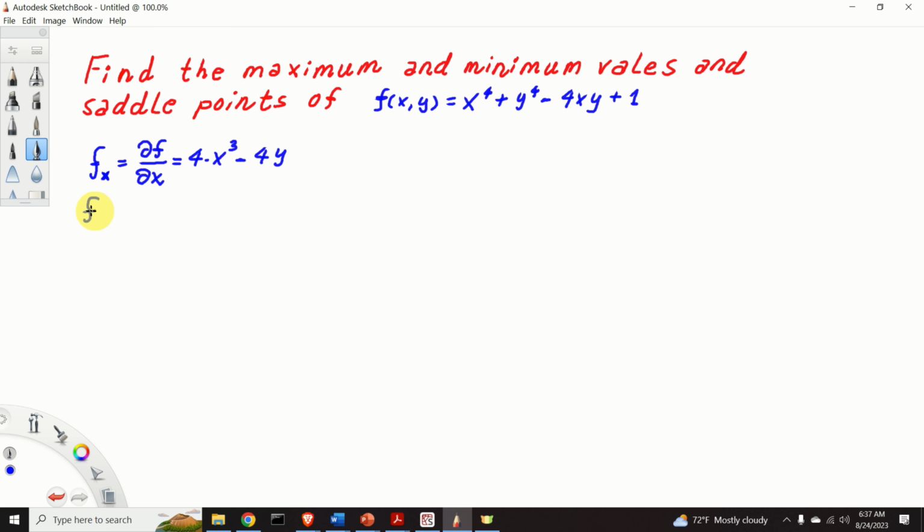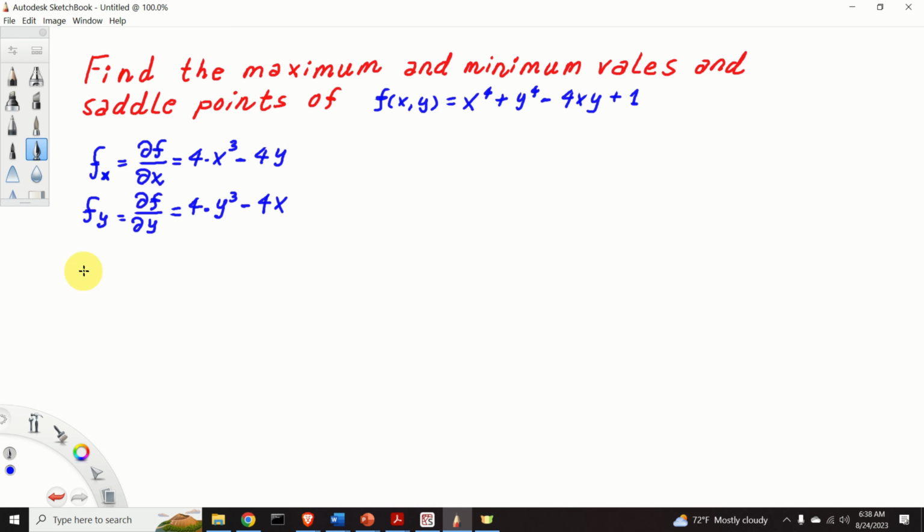Next, we need to find fy. That is, we need to find the partial derivative of f with respect to y. We have 0, 4 times y to the power 3, and over here, we obviously have minus 4x.